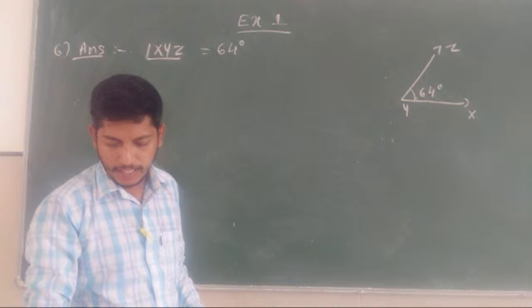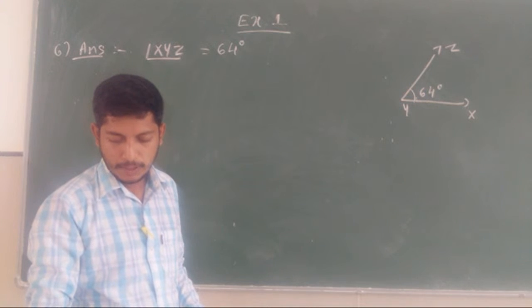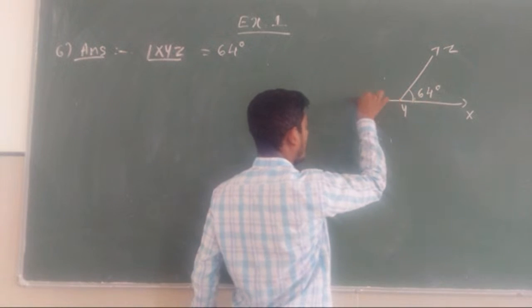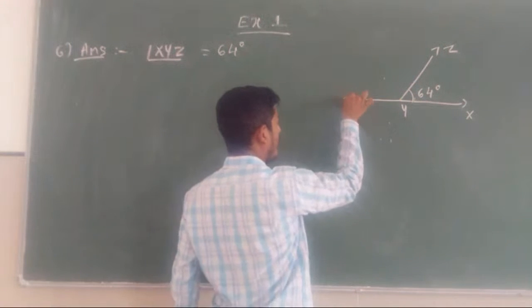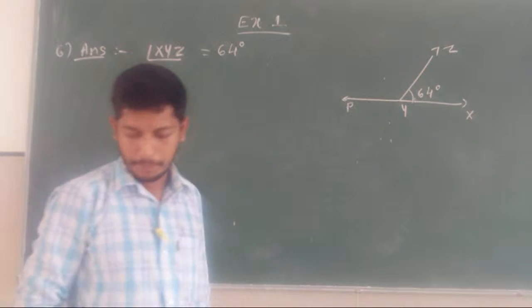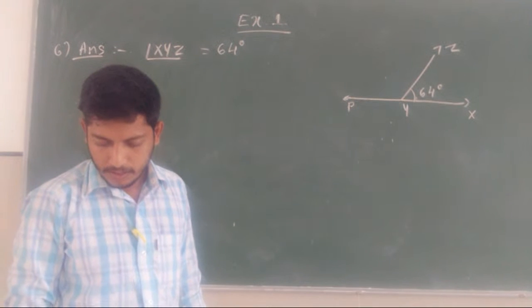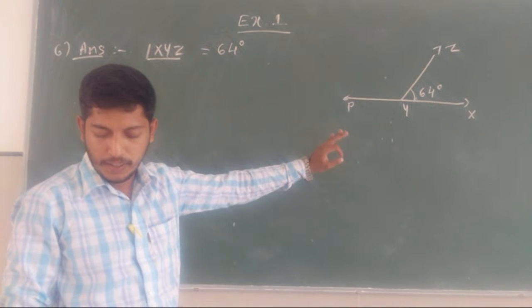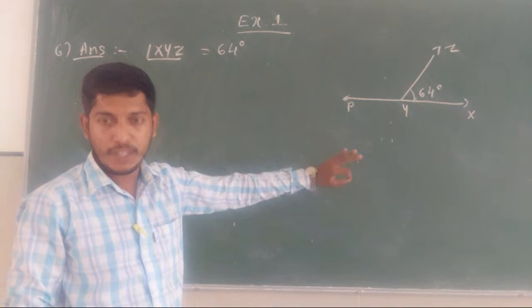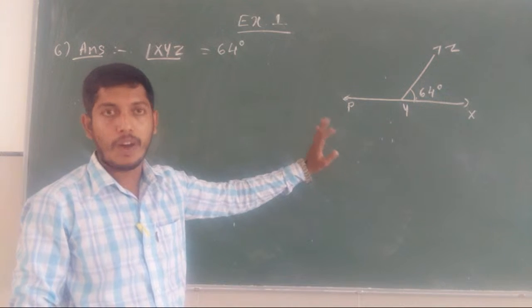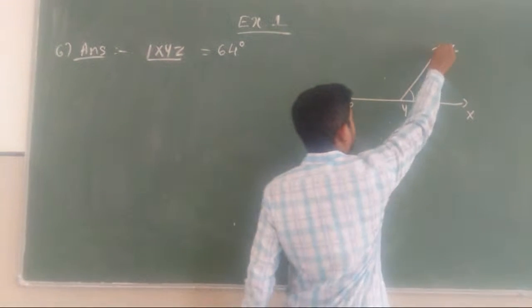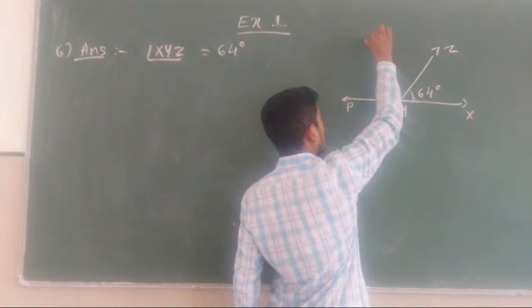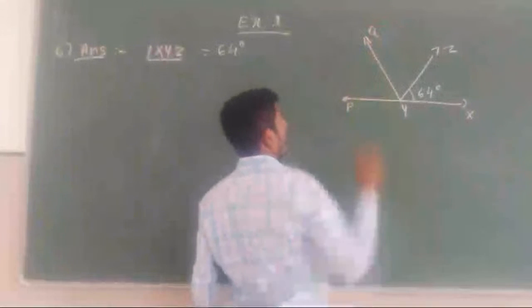And next, given that XY is produced to point P. This line XY is produced and forms a point P, so this is the diagram for that. And next point, ray YQ bisects angle ZYP. I will consider this as Q.